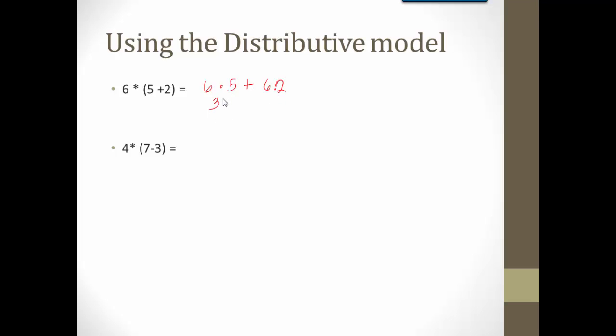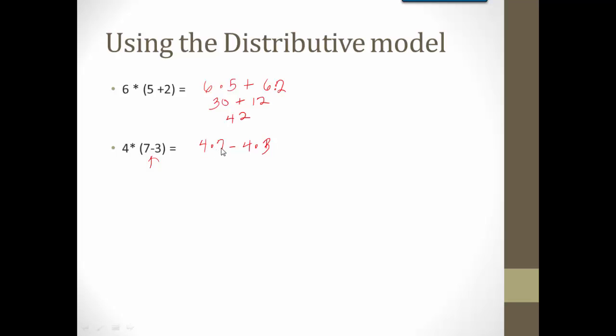That would be 30 plus 12 equals 42. I'm going to do the same thing here. 4 multiplied by 7 subtract 4 multiplied by 3.